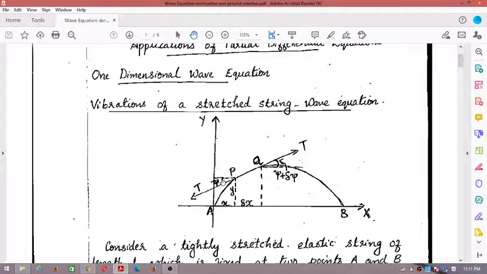Psi is the angle made by the tension with the line that joins from P to the y-axis. Psi plus delta psi is the angle made by the tension with the line that is parallel to the x-axis.